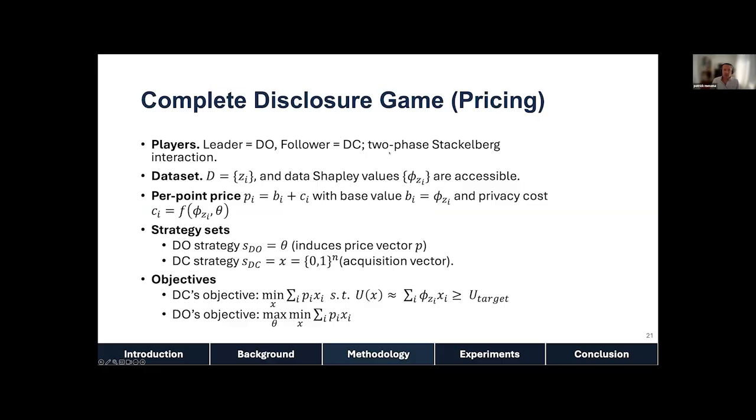We started by modeling it as a very basic game, a pricing game between the data owner and the data consumer. Since the data owner sets a price and the data consumer gets this price, it's a two-phase Stackelberg interaction.